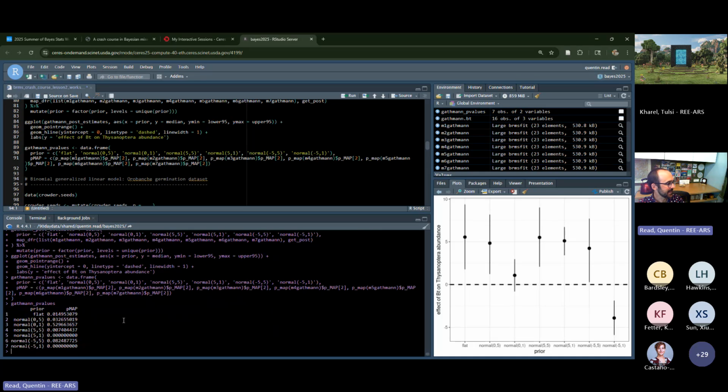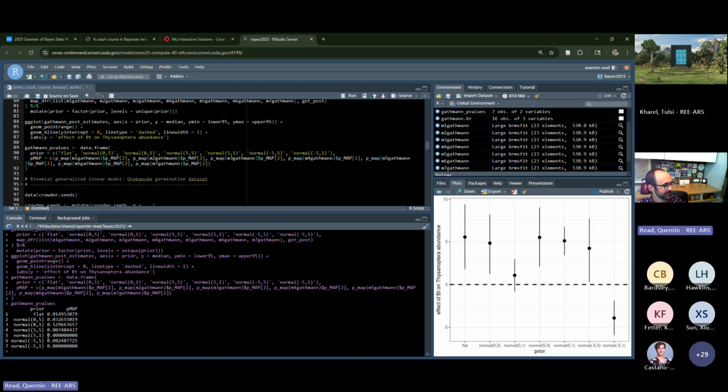You can see that the p-value, the p-map, is very different depending on what the priors were, right? It's low and close to 0 for the first 2, like we would think, but it's very high for the one where we had a very strong prior belief that the effect would be close to 0.